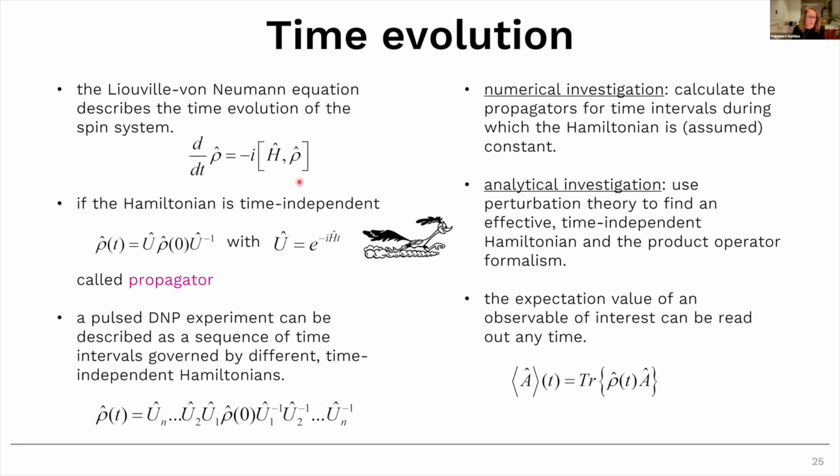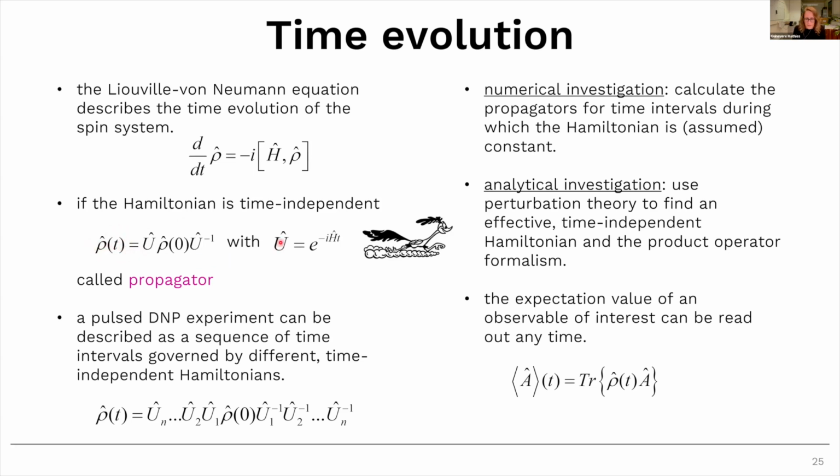Now, this equation in general has a very complex solution, or it's not so obvious what the solution of this differential equation should be. However, if the Hamiltonian is time independent, the solution is quite straightforward. I can take the starting state of my spin system at time 0, and apply a unitary transformation, which I'm denoting here as U, to get the state of my spin system at time t.